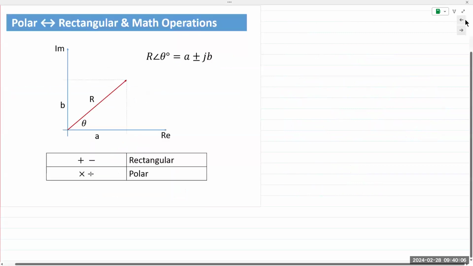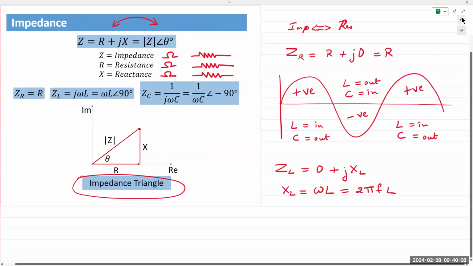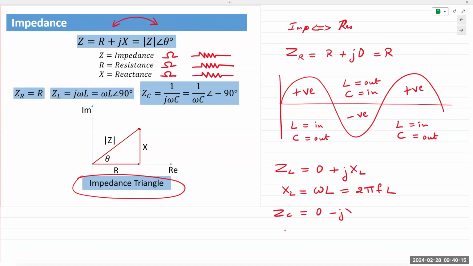And ZC similarly is 0 minus jXC, where XC is 1 over 2 pi fC.